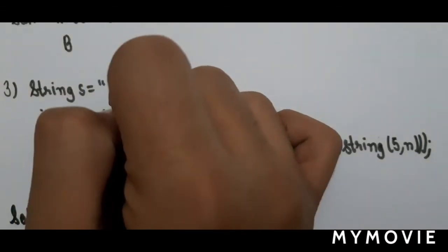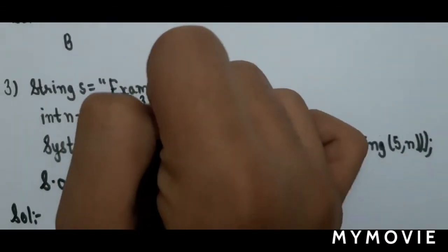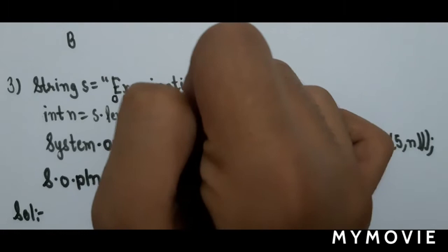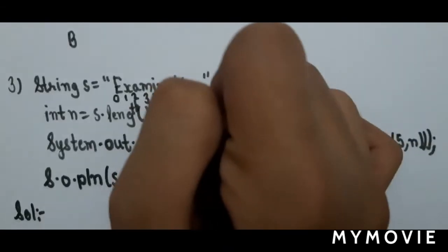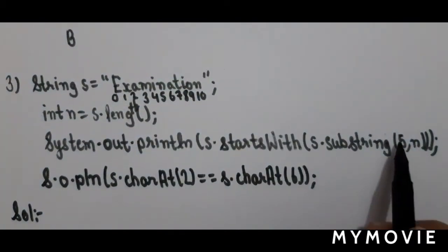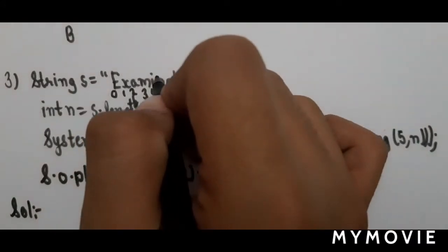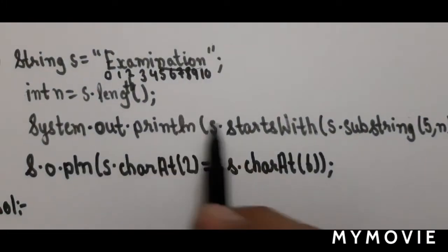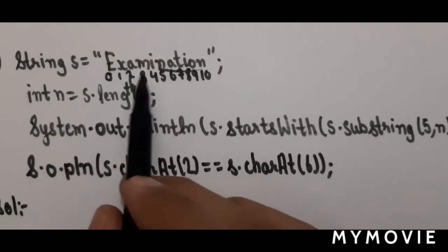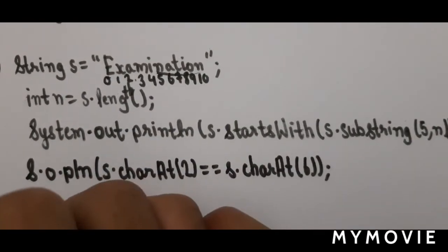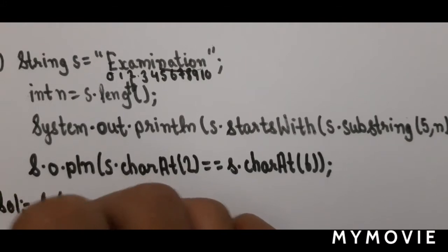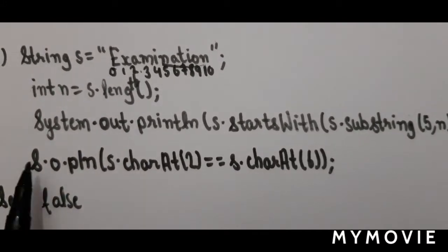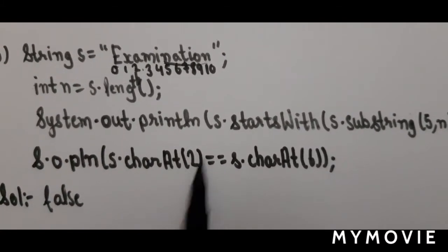It starts from 0, 1, 2, 3, 4, 5, 6, 7, 8, 9, 10. So here 5 is this, and till n. So it becomes "nation". Does "examination" start with "nation"? It is not true. So the answer is false.